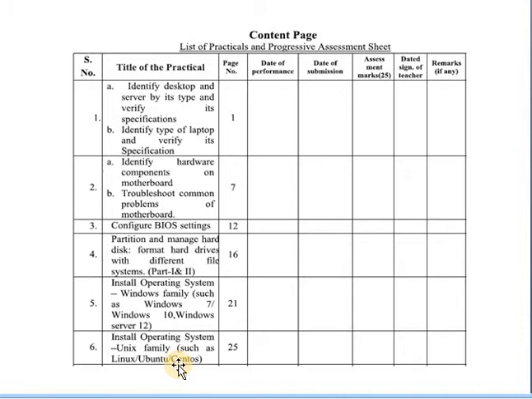What is meant by operating system? It is software that manages computer hardware as well as software resources and provides common services for computer programs. All computer programs, excluding firmware, require an operating system to function.